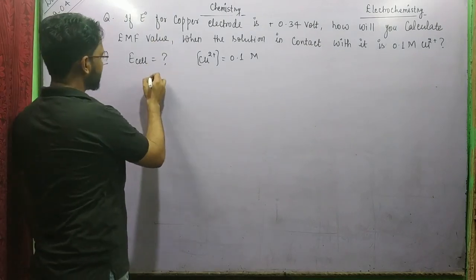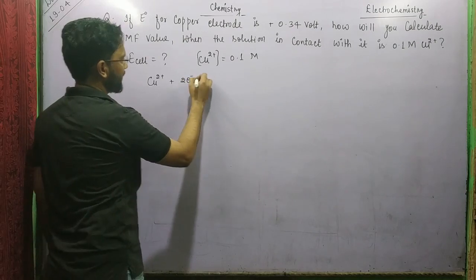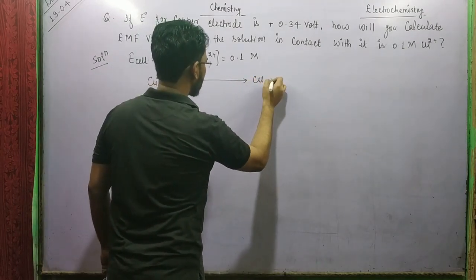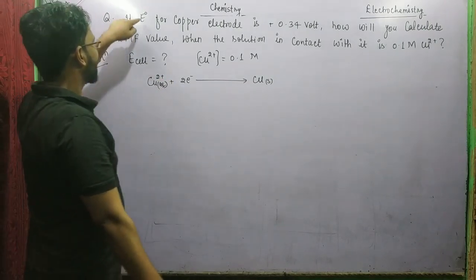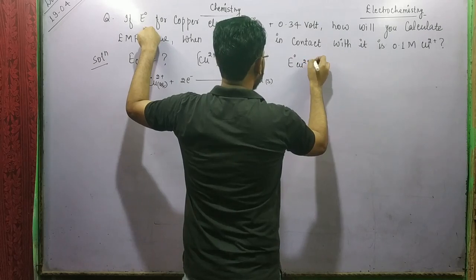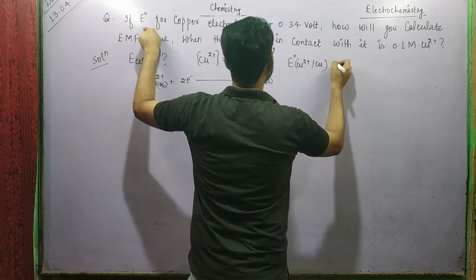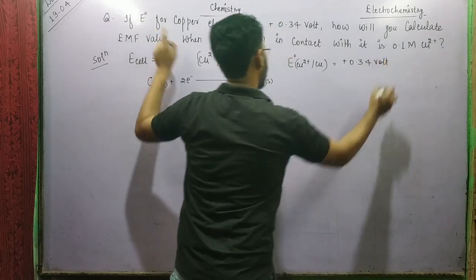Reduction potential means Cu2+ gains 2 electrons and converts to Cu solid. Here the reduction potential is given, E naught Cu2+/Cu equals plus 0.34 volt.